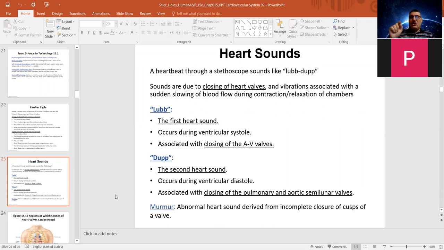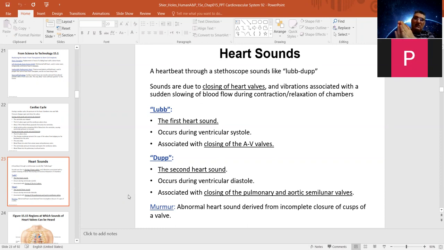So lub dub, first, second heart sound. You have to know where the sound is coming from. Lub, which is the first heart sound, is coming from closure of the AV valves, right and left, tricuspid and bicuspid. When they close, they make that sound, lub. So this sound is lub or first. Dub, which is the second heart sound, is the same, but from the pulmonary and aortic semilunar valves.